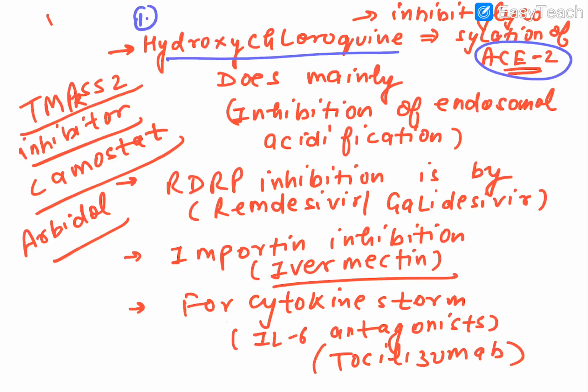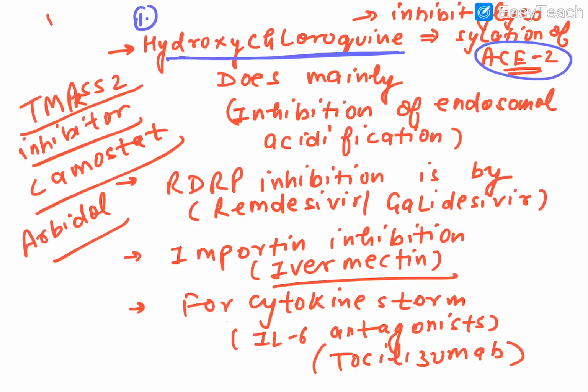Okay, besides this, what is the function? How does it act? It inhibits the glycosylation of ACE2, first thing. Another one, it also inhibits the proteolysis of spike protein, the S protein. So one particular thing to remember regarding hydroxychloroquine: it is an entry inhibitor.